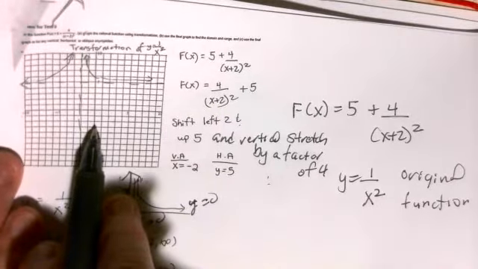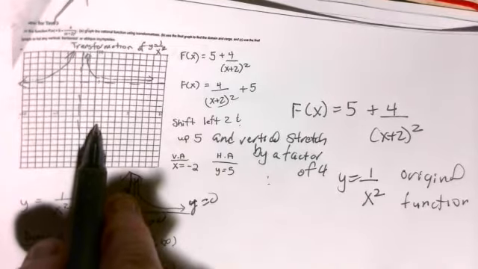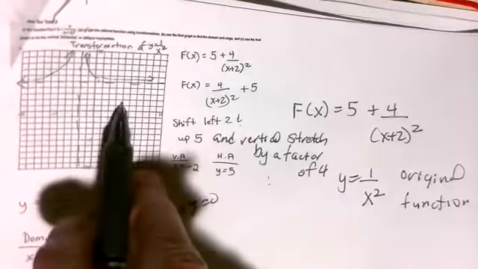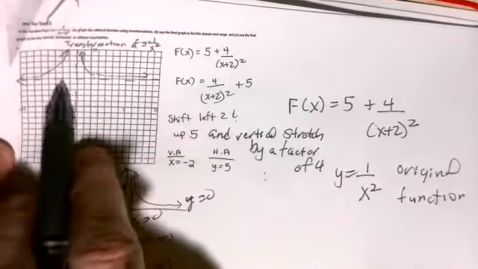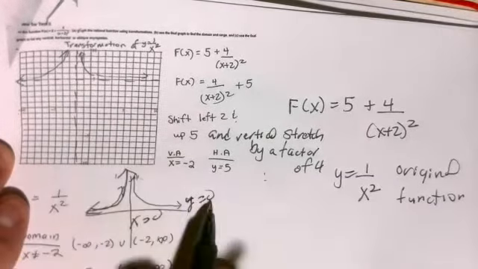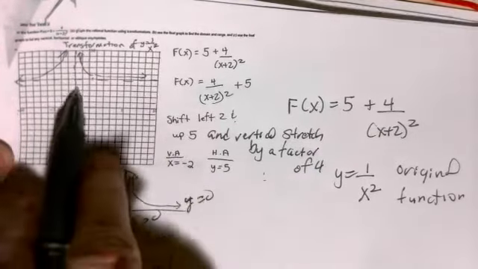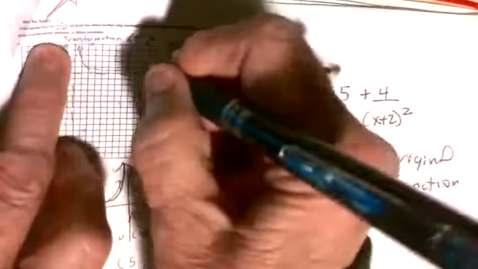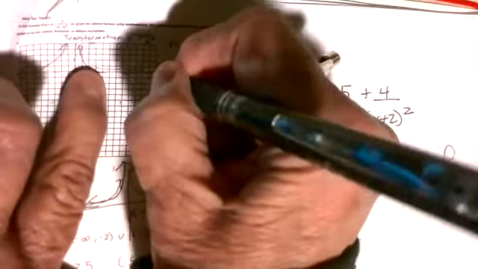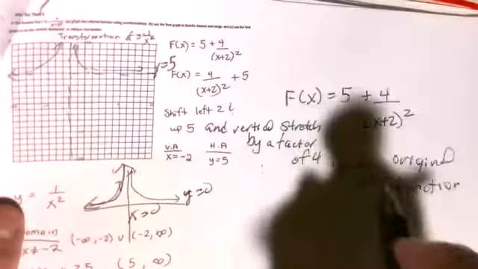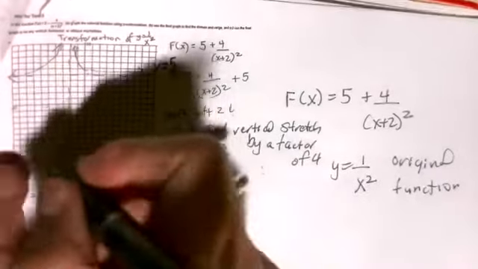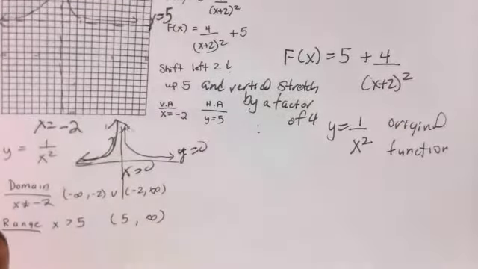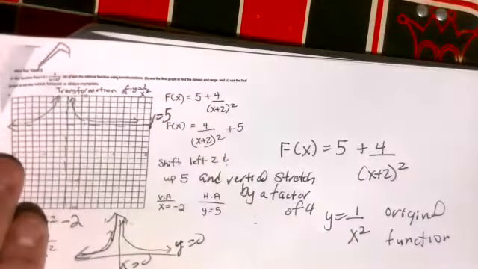And then the horizontal asymptote, because we're shifted up 5 units, normally the horizontal asymptote would be y equals 0, but since we're shifted up 5 units, it's going to be y equal 5. So this is y equal 5 horizontal asymptote because of that shift up, and this is x equals -2 because that shift left.